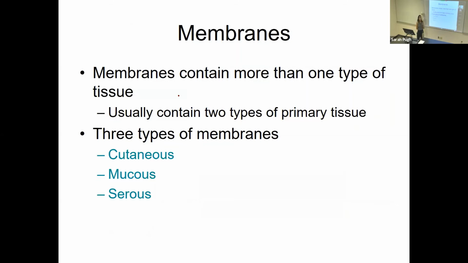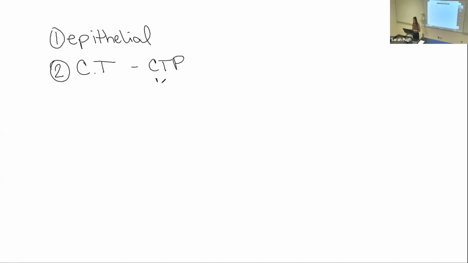So those are the 4 tissues that we've walked through. We have gone through our epithelial tissue, as a covering or a lining. We've gone through all of our connective tissues. Remember, we have our connective tissue proper, we have our cartilage, we have our bone, we have our blood.